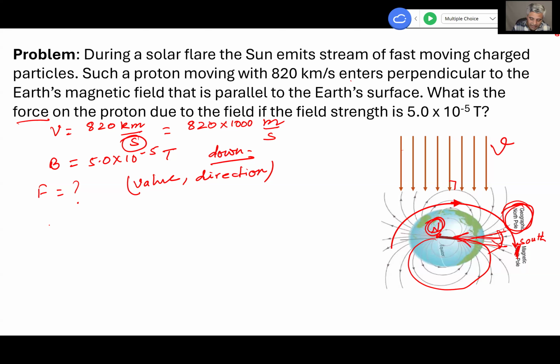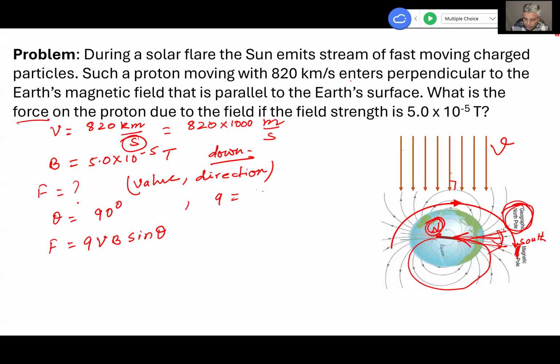So let's calculate the value. The angle between them is not zero, but 90 degrees, right? Just like I said, V is vertical and B is flat, so that's 90 degrees, normal. So F is what? F is Q V B sine theta. What is Q?